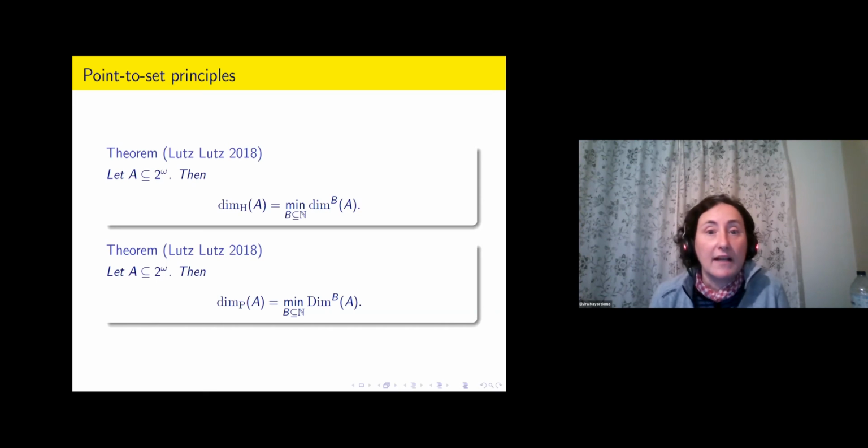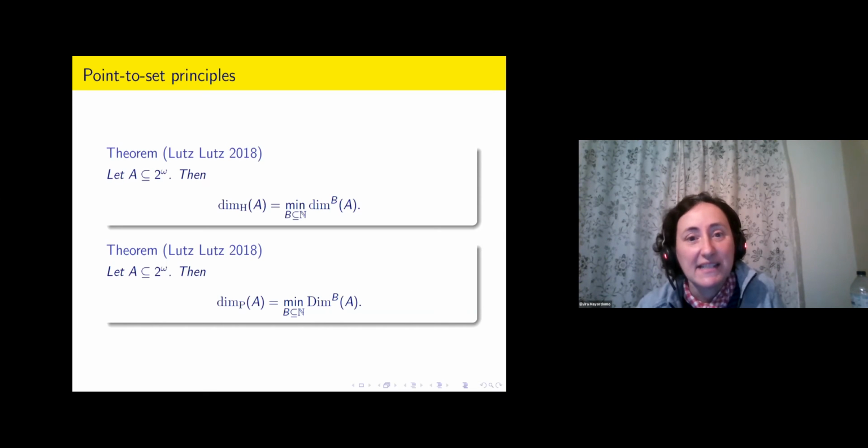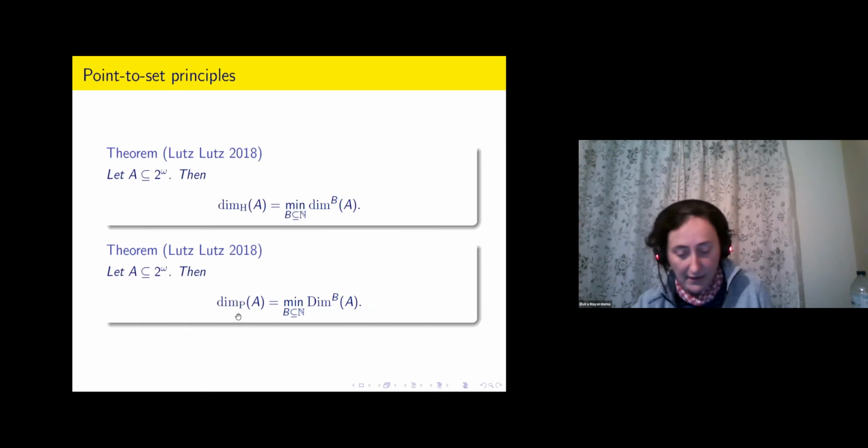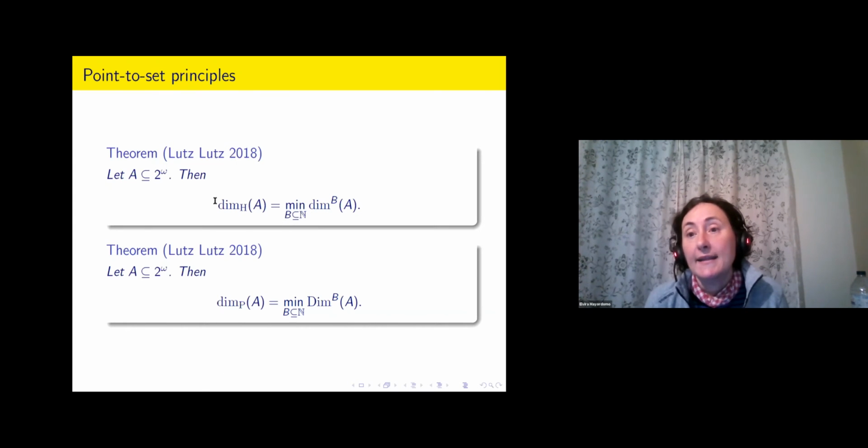This has been around for a while, so you probably know them, but the way of getting this equivalence is using relativization. For each oracle B, you have a different effective dimension, dim to the B. And for each particular set A, there is an oracle that exactly gives you back a classical dimension.